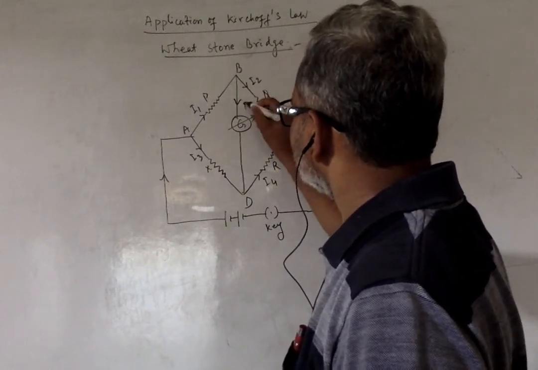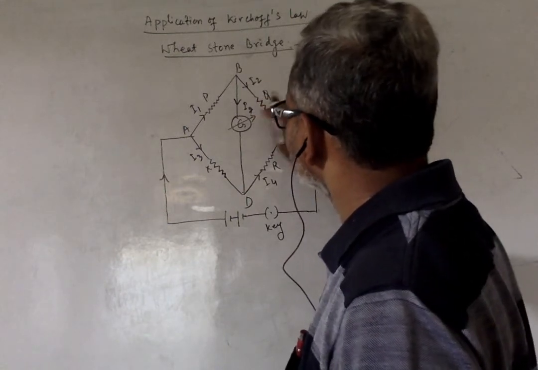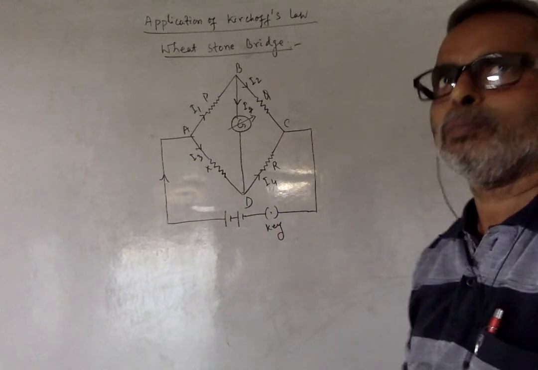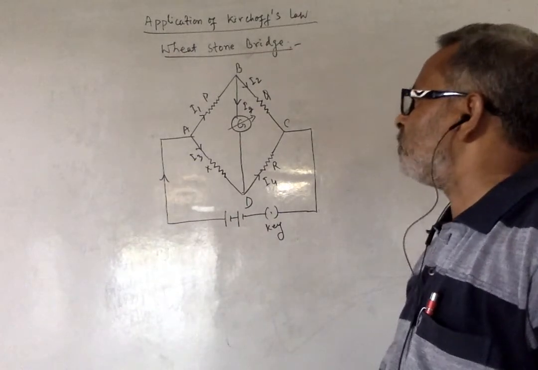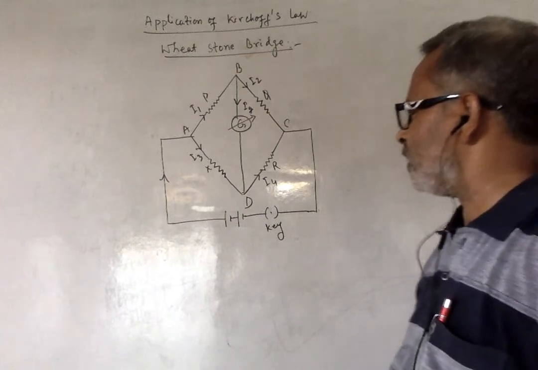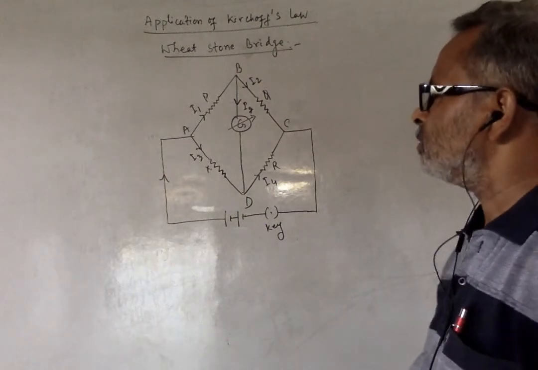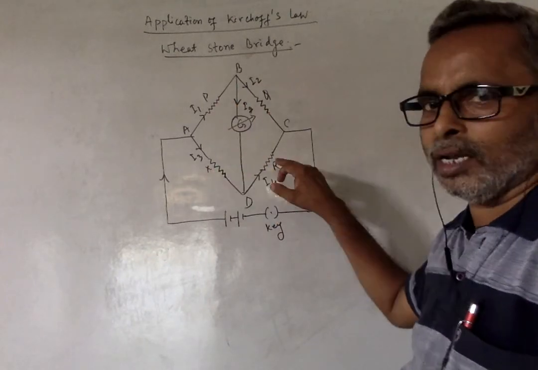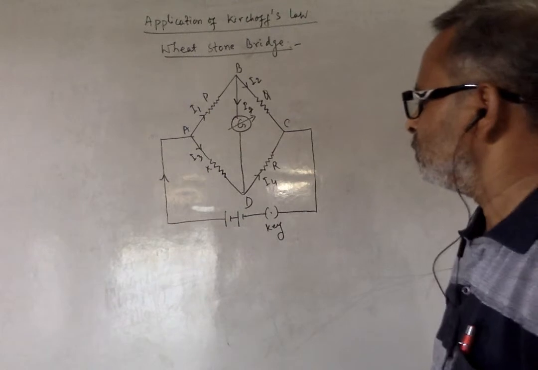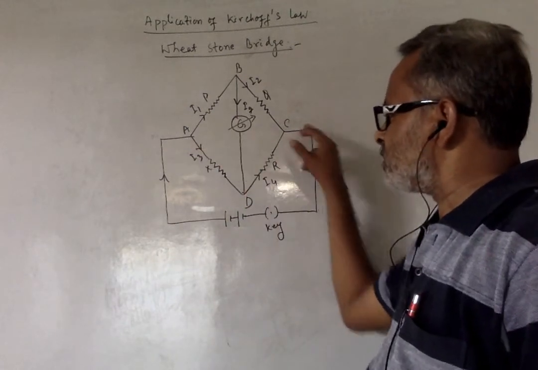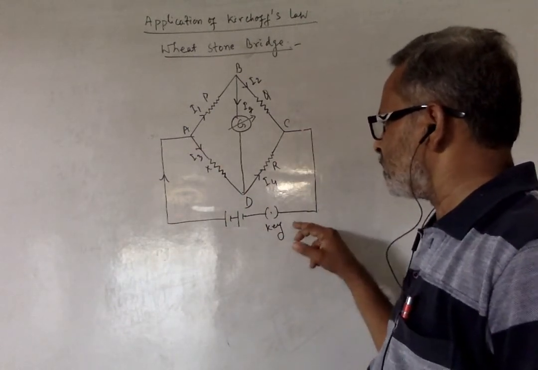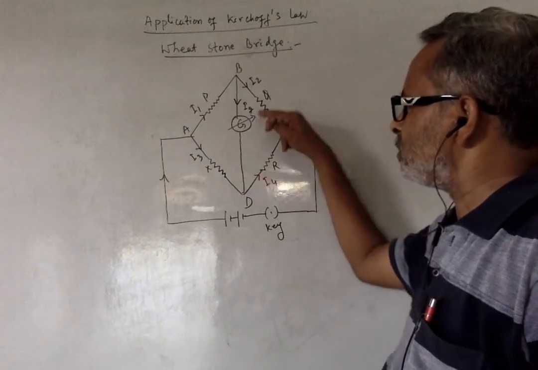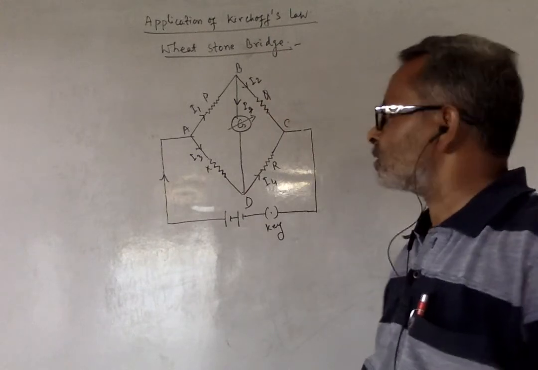This is the current IG. This bridge consists of 4 arms AB, BC, AD and DC, having different values of resistance P, Q, X and R. Between the terminals A and C, a battery and a key are connected, and between the terminals B and D, a sensitive galvanometer is connected.